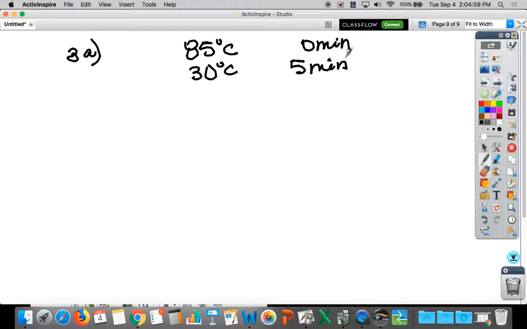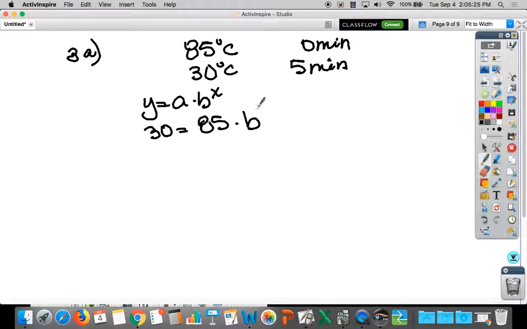That's the starting time. Okay, 0 minutes would be the starting time. So your y equals a times b to the x. The y that you know is 30 degrees. The initial value was what? 85. You're looking for the growth function.